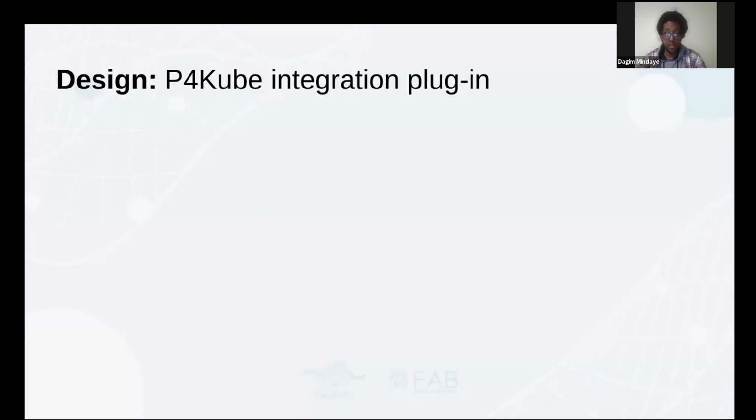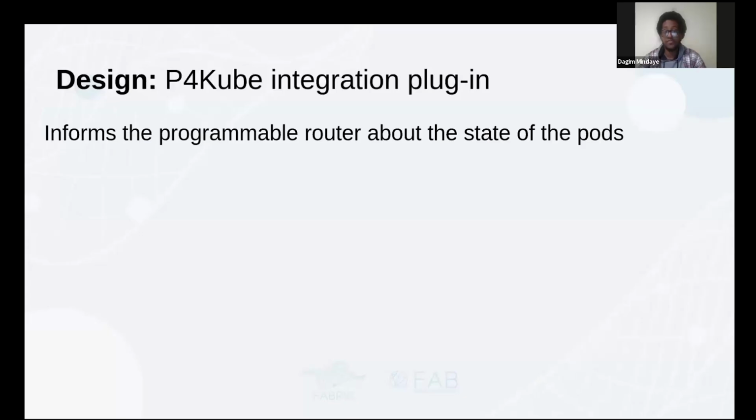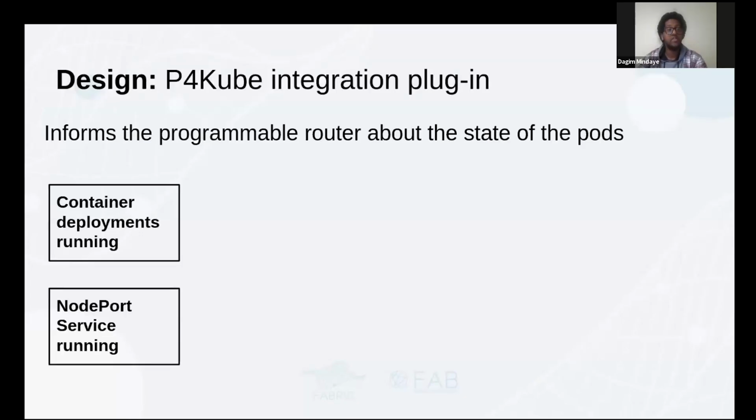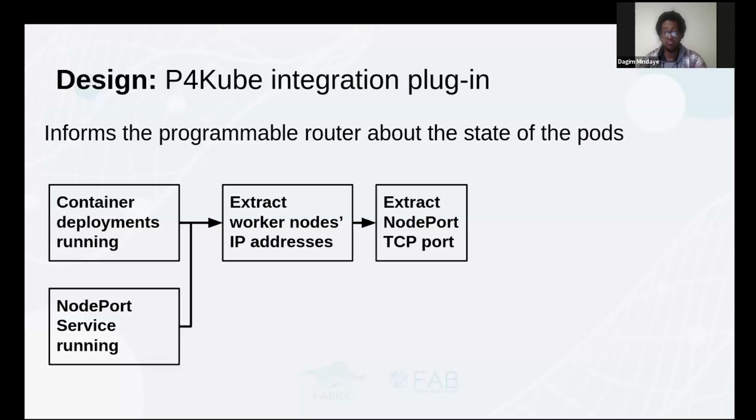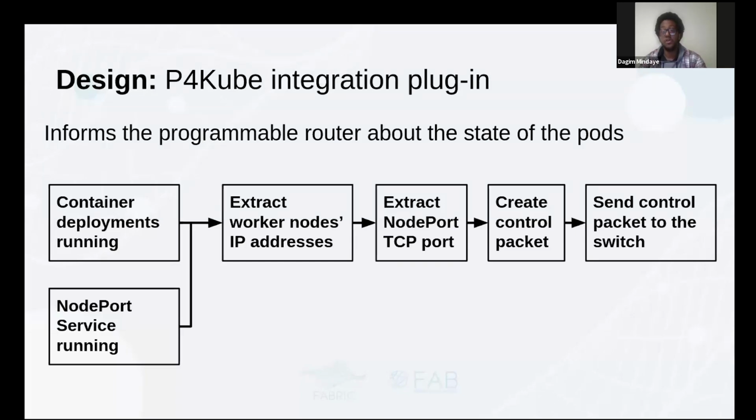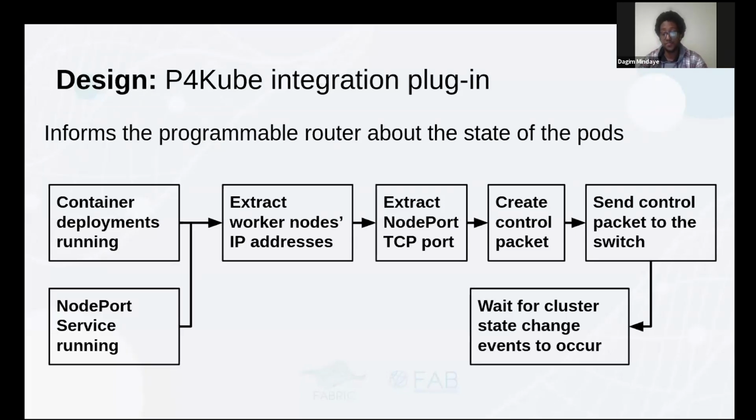So what is that plugin actually doing? It informs the programmable router about the state of the pods. We have the container deployments and the node pod service running, and these extract the worker node's IP address. And then they also extract the node port, TCP port. They create the control packet, and then they send the control packet to the switch.